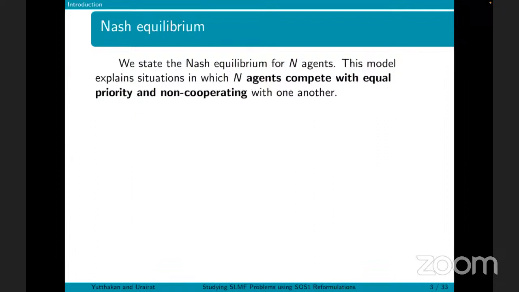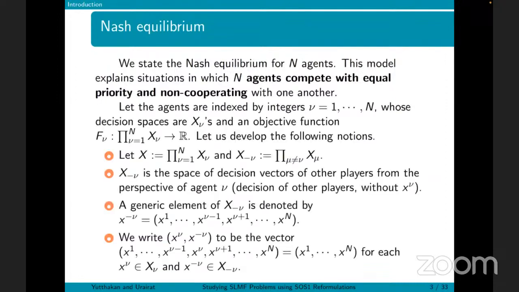With that out of the way, I would like to start with Nash equilibriums for N agents. N agents compete with equal priority and are non-cooperative. The structure of this game consists of agents, decisions, and objective functions.